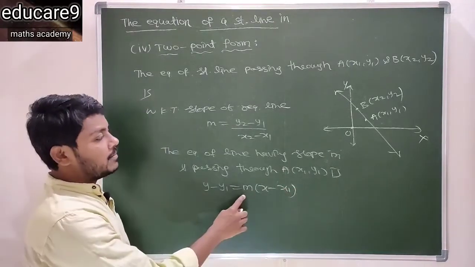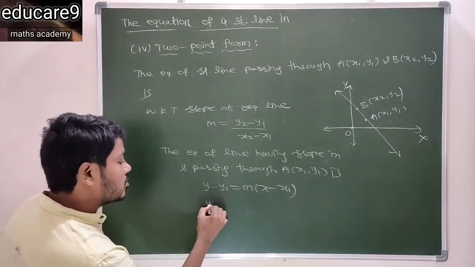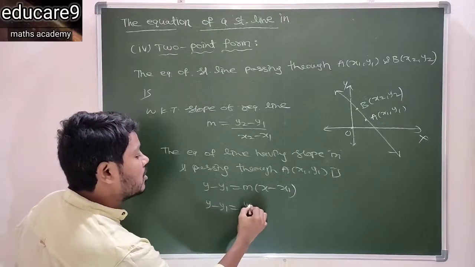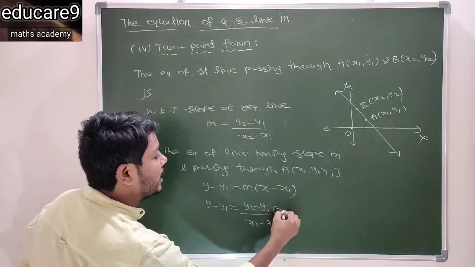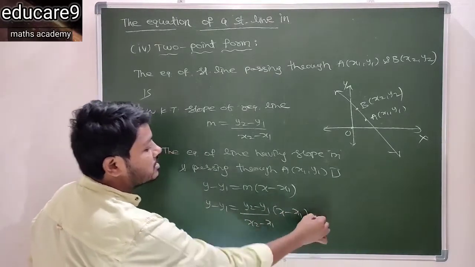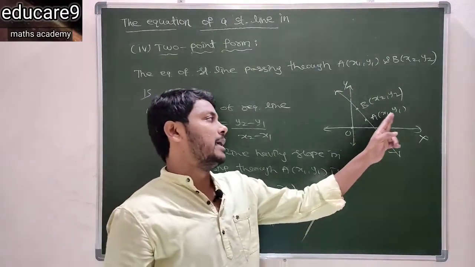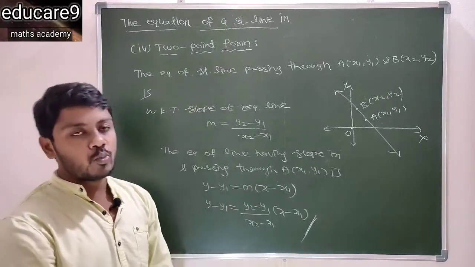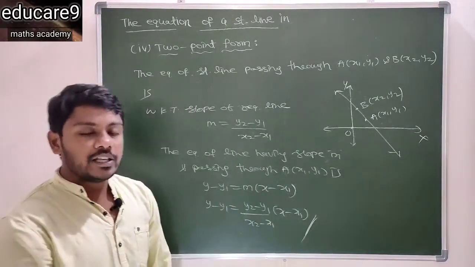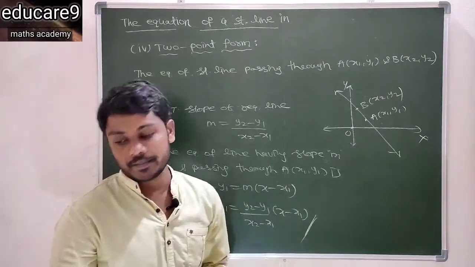Now clearly what is m? That is the slope of that line. So substitute here, what you get: y minus y1 is equal to (y2 minus y1) by (x2 minus x1) into (x minus x1). So this is the equation of the straight line passing through the two points A(x1, y1), B(x2, y2). So this is the two-point form. Okay. So clear, these are the equations of the straight lines in different forms.